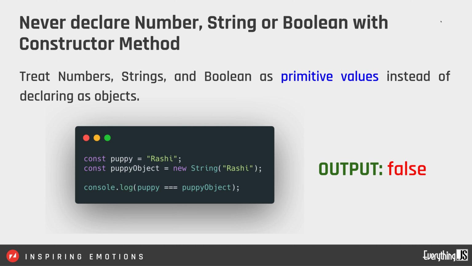The output was false, because the value of the puppy and the puppy object is the same, but the type is different. The puppy object is of type object, a string object, and the puppy is just a string literal.